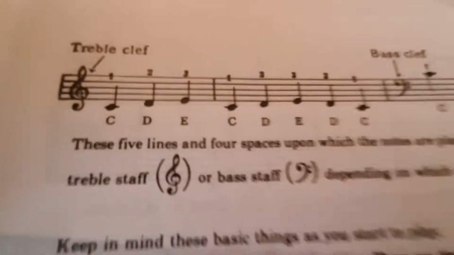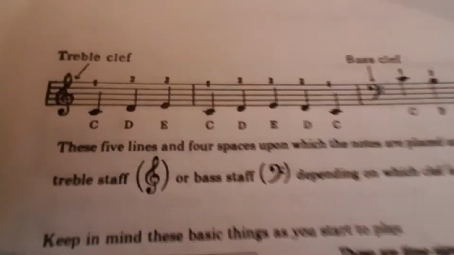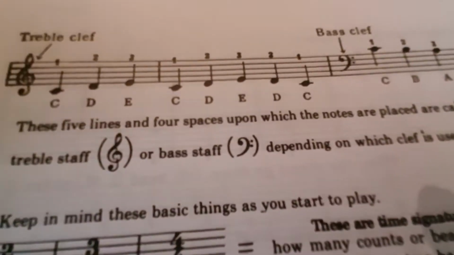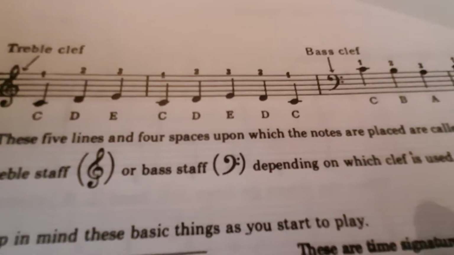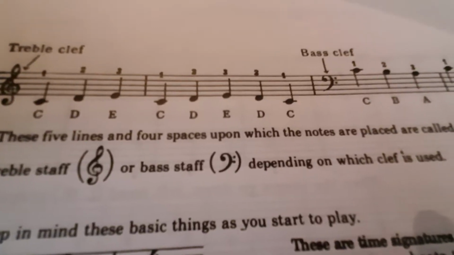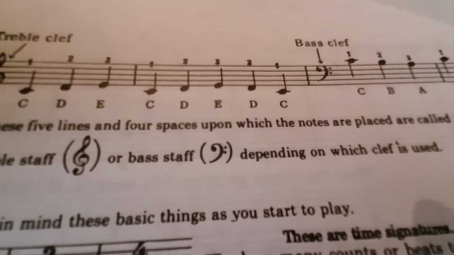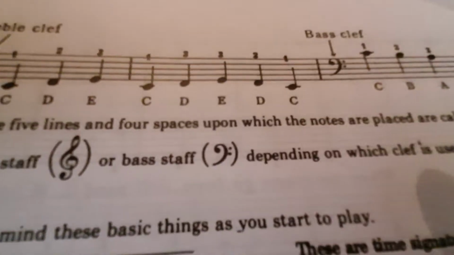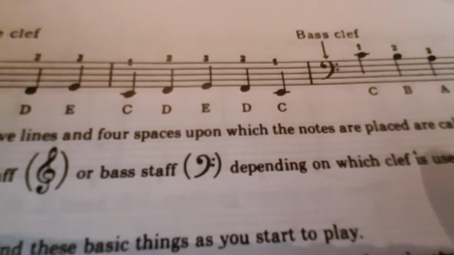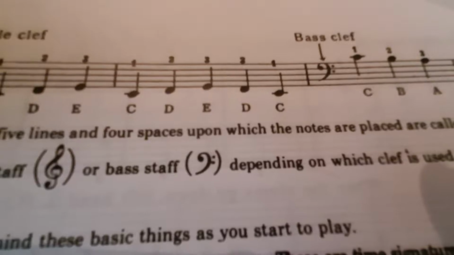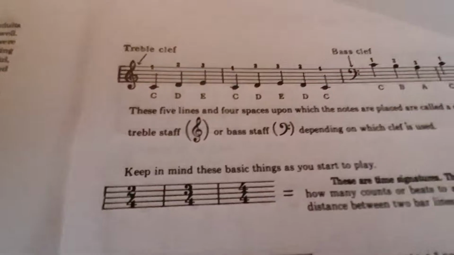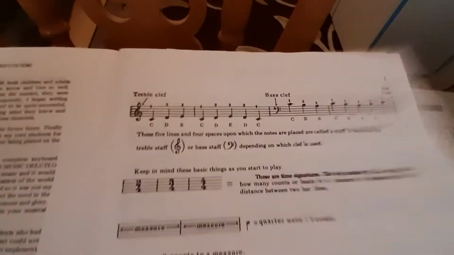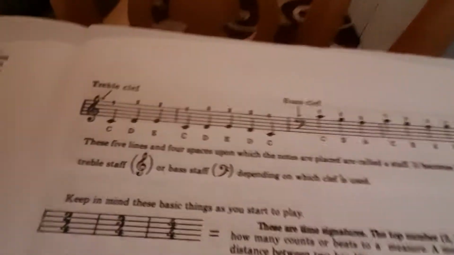No. What you are reading here is small line C, space, long line, then back to small line C. Then move up again to space D, up again to line E, back to space D, and then back to C. To play that, you now follow the keyboard and place your finger at the right place.